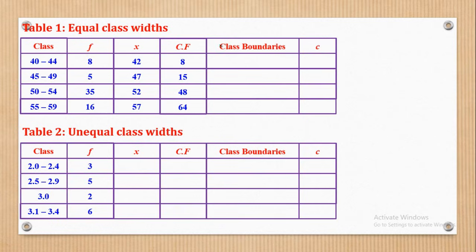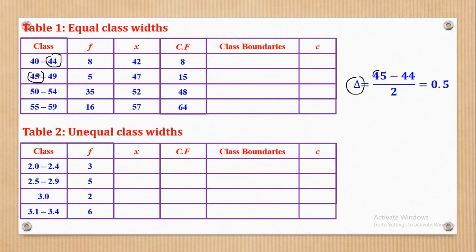Then class boundaries are our major interest, because these other ones are easy to get. But class boundaries have some tricks behind them. Like we said, the first step is to get delta, where delta is the difference between the upper class limit of one class and the lower class limit of the next higher class. Know that word, next higher class.